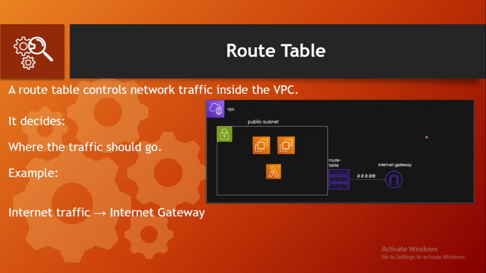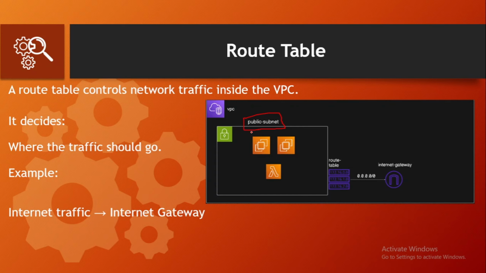Now, let's understand another important concept in AWS networking called a route table. A route table controls how traffic moves inside your VPC. In simple words, it decides where the traffic from your subnet should go. As you can see in this diagram, this is the VPC and this is a public subnet. And inside this public subnet, there are three EC2 instances.